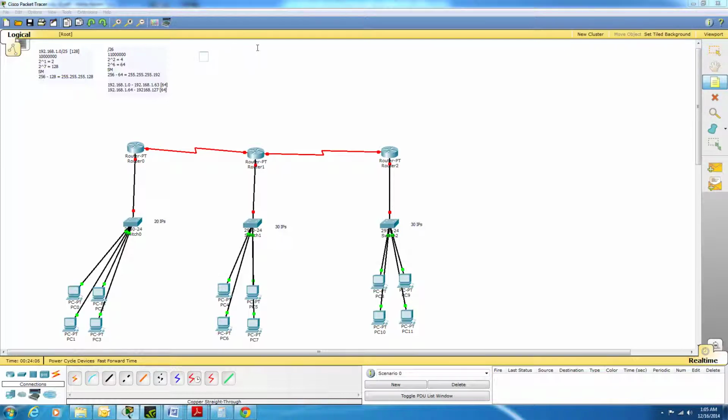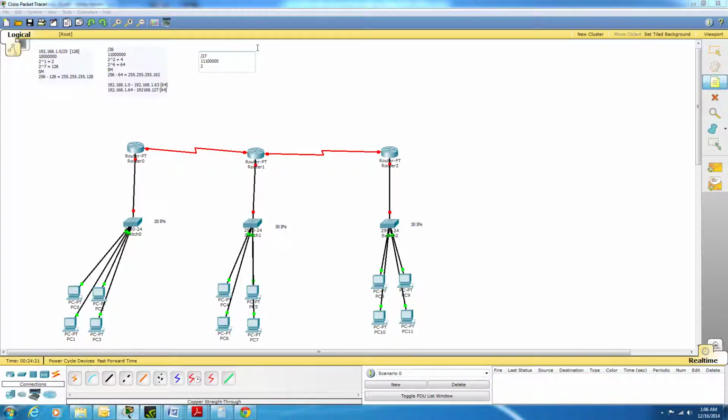So in this block, we're doing a /27. This means that we're borrowing 3 bits, which means we have 5 zeros and an 8-bit number.